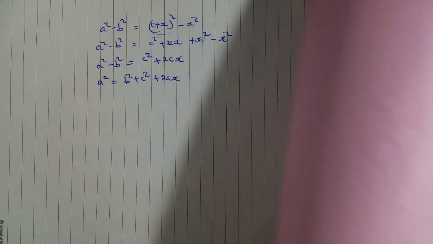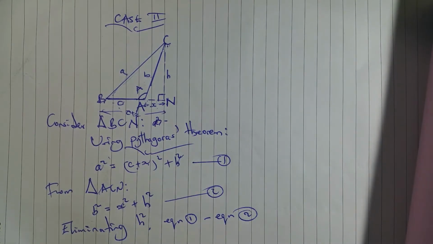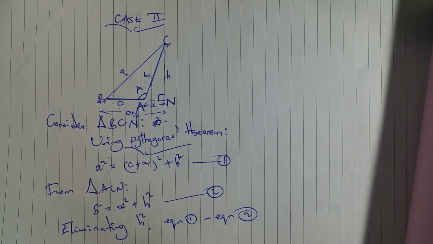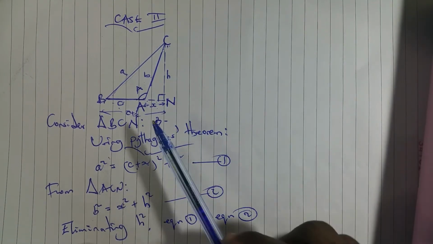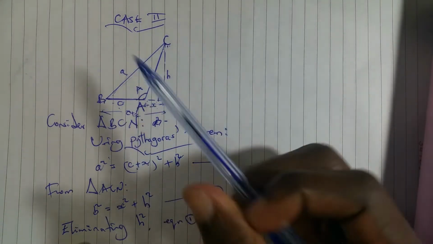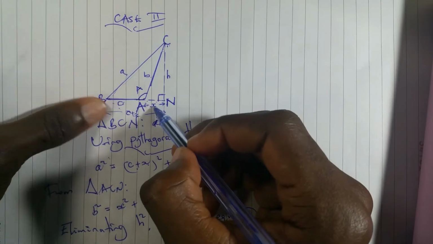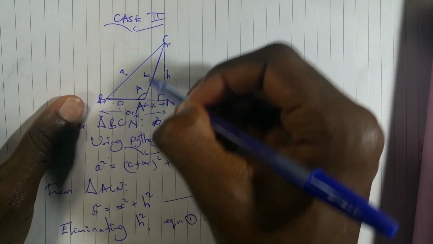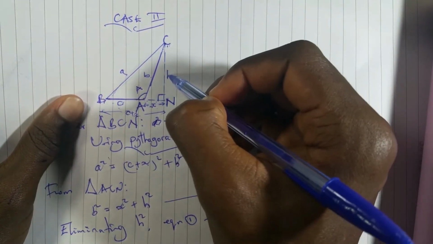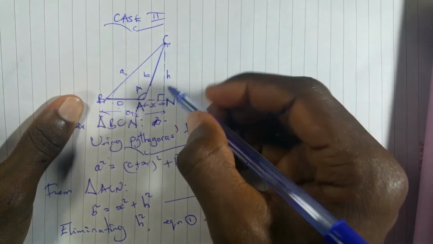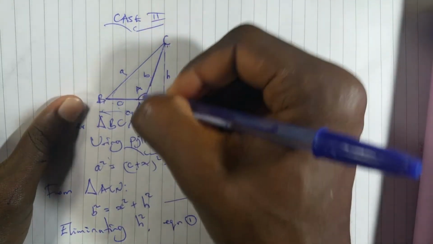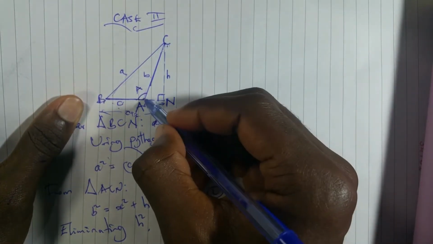If you come back here, we need to eliminate that x, because in our cosine rule we don't have that x. Now we see that our x can be found without bringing h again, so we use a trig ratio that involves the hypotenuse and the adjacent.